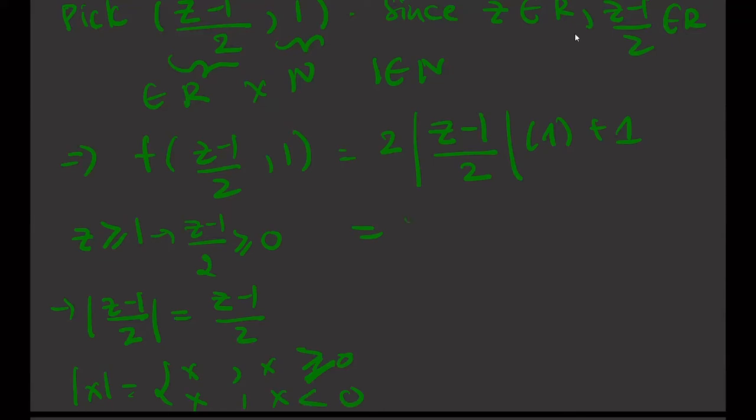So that's how I get rid of the absolute value, the absolute sign, and times 1, it's just the number itself. And these two cancel out. I get z minus 1 plus 1, which is z. So I just showed that there exists a pair of inputs that can actually produce z. So that's how I prove the interval is a subset of the image.